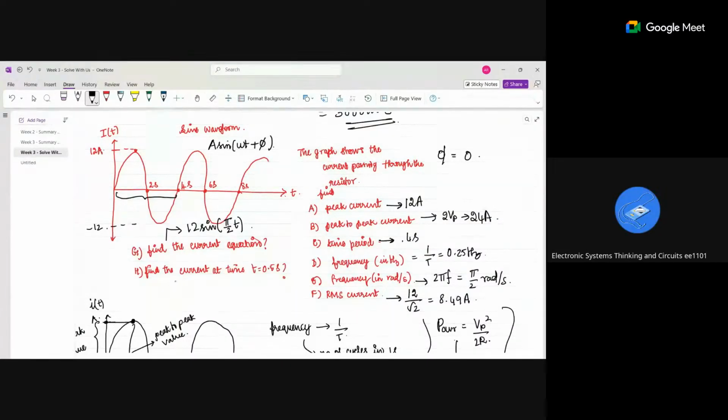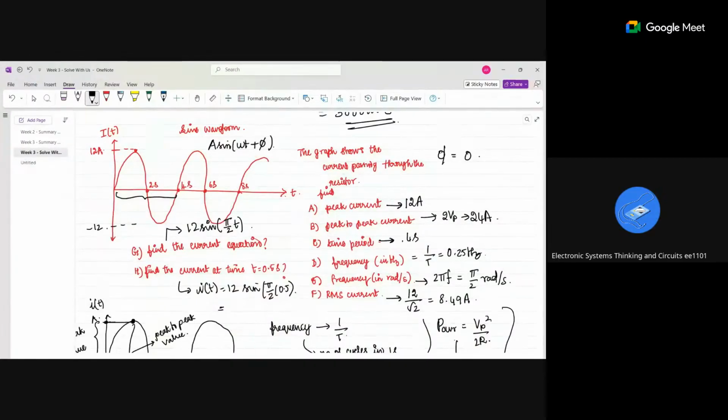So the next question is at time t equal to 0.5 seconds. In the current equation, t is equal to 0.5. The answer is 12 by root 2, because it will be sine pi by 4, which is 1 by root 2.